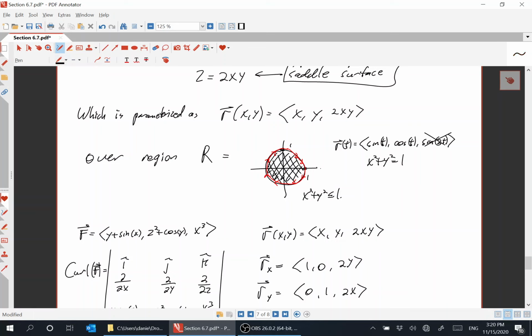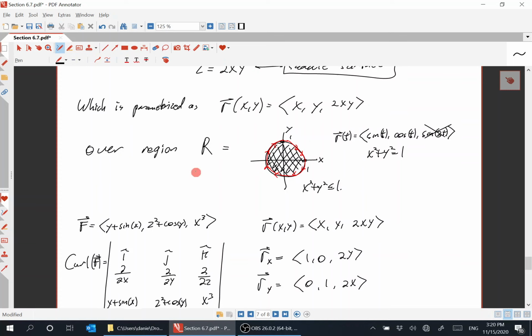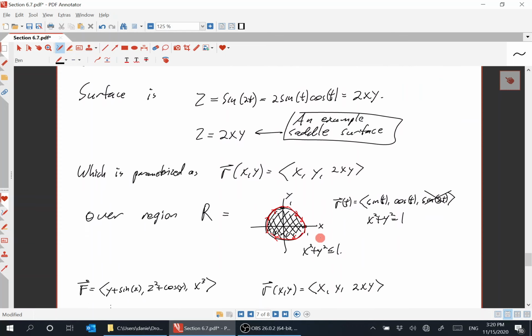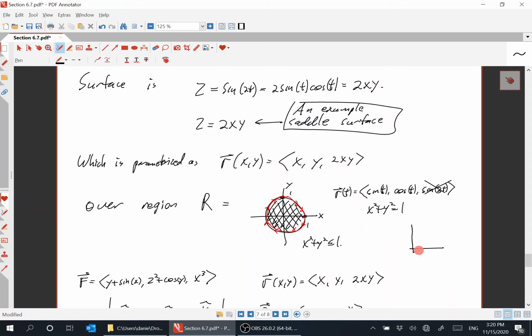So now, this is x, this is y. If we drew a picture of that surface, here's the boundary curve. Whatever that curve is doing exactly, it's kind of like a circle bobbing up and down twice, and it's going in this direction.